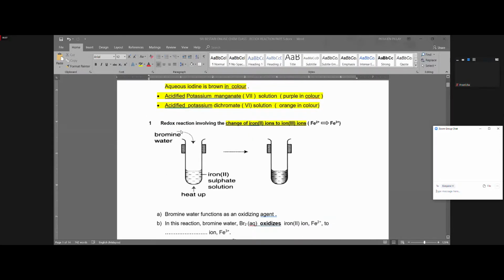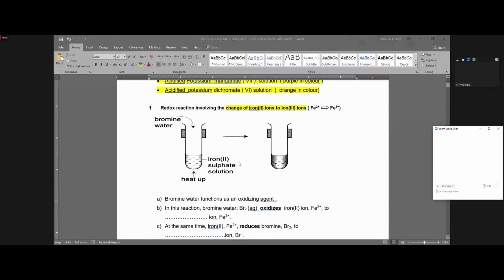Okay, so the first one is redox reaction involving change of iron(II) to iron(III). So you must know the observations, the half equations, all that you must know. Okay, so what we have here, I want you to do some highlighting. See bromine water, all right, you're adding bromine water to iron(II) sulfate. So in iron(II) sulfate, the iron(II) is your reducing agent.